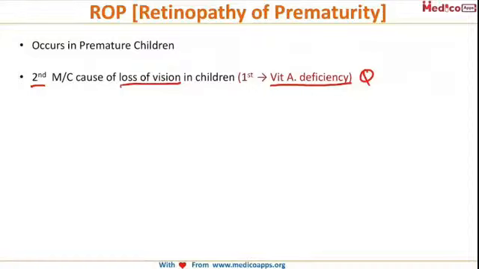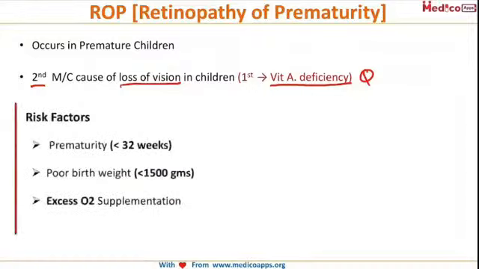Now, what are the risk factors which predispose the baby to ROP? The age of the baby is less than 32 weeks, that is the gestational age of the baby when it is born at or less than 32 weeks, or when the birth weight of the baby is less than 1500 grams, that is the baby is a very low birth weight baby.